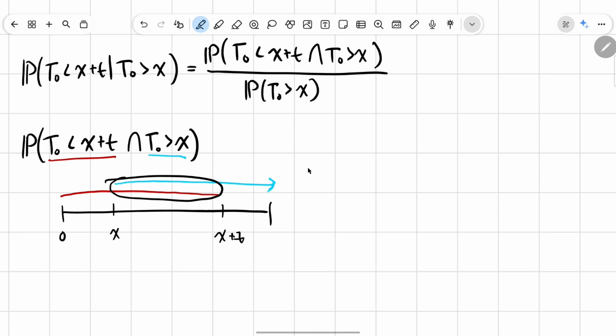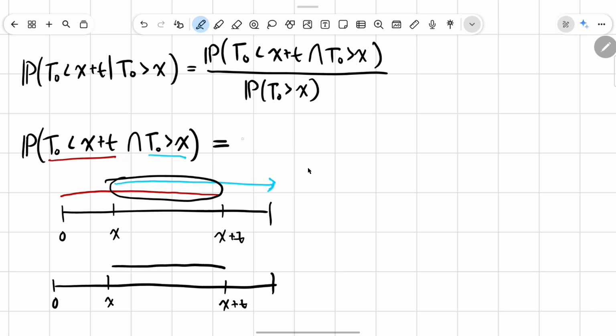Okay, so let me rewrite. So their intersection, x plus t, can be seen in this part. So we can write this as the probability of T0 is greater than x but is less than x plus t.